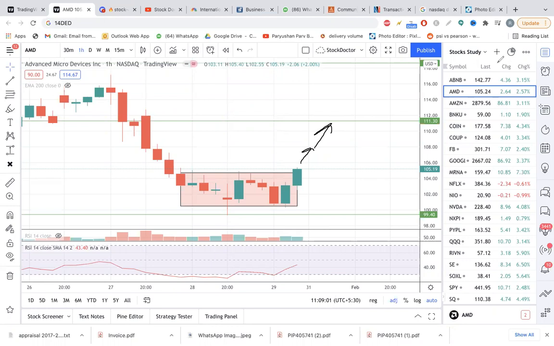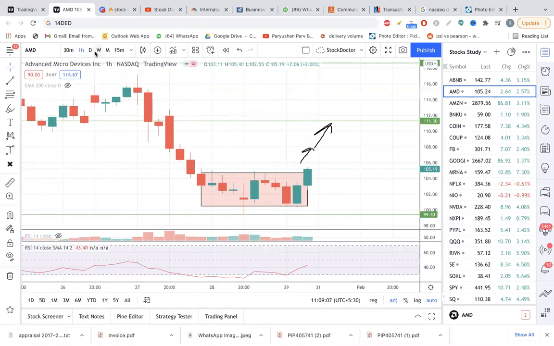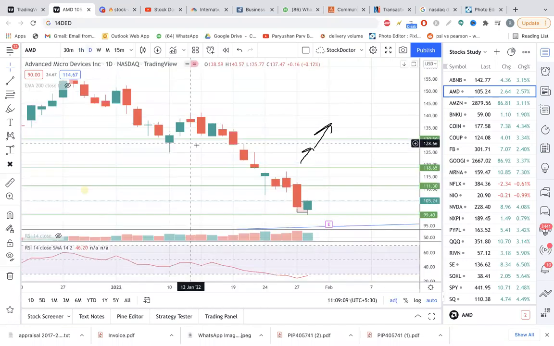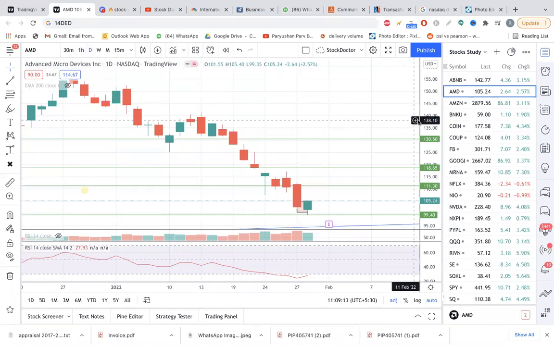These are the very short term targets for AMD. And if it starts trading above 111, then it can go towards 118 and then 130 also. Stop loss will be the lower part of the box which was created there.